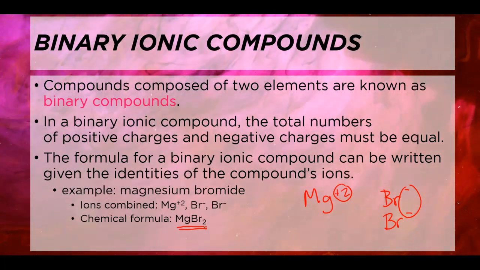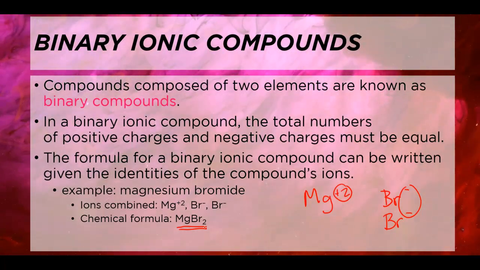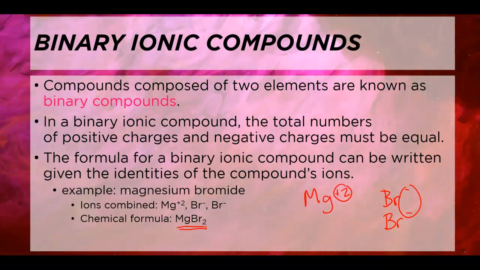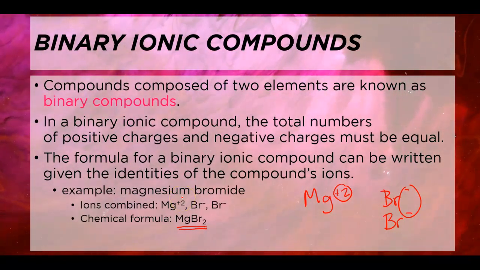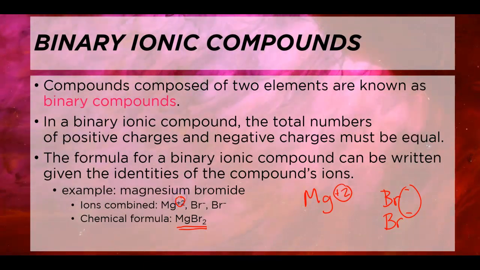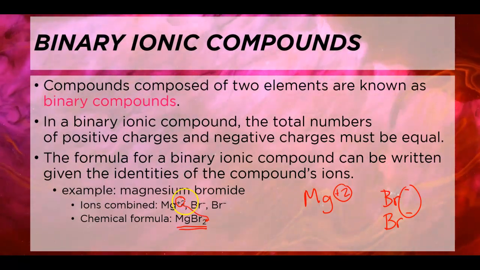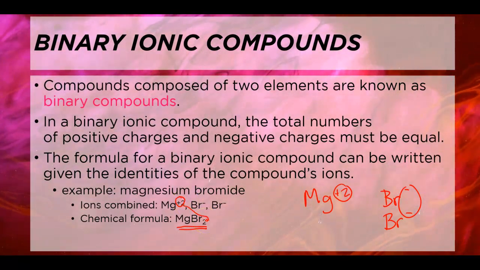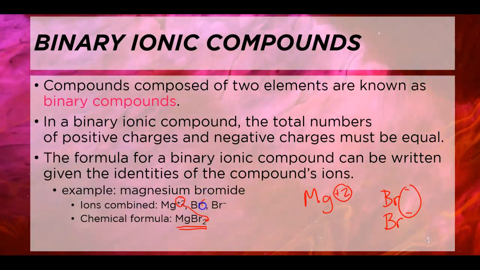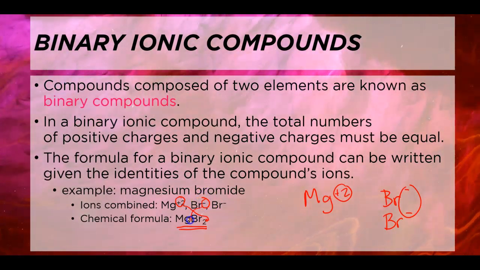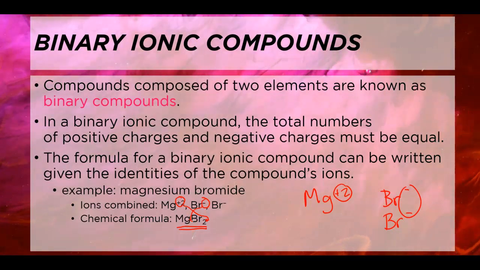Now, a trick you can use to figure out the correct chemical formula is to realize that the superscript, the charge of one ion, will become the subscript of the other. So that 2 crossed over and became bromine's subscript, and the 1 crosses over and becomes magnesium's subscript.